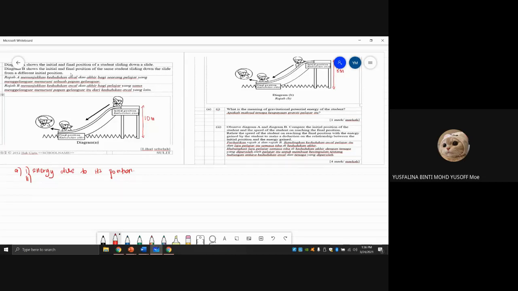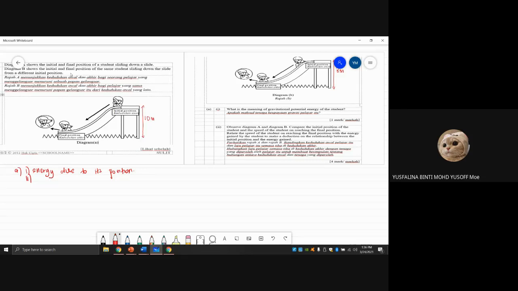After that, relate the speed of the student on reaching the final position with the energy gain, and make a deduction on the relationship between the initial position and the energy gain. I will underline where you can get the 4 marks, what you have to compare and what relationship you have to give.